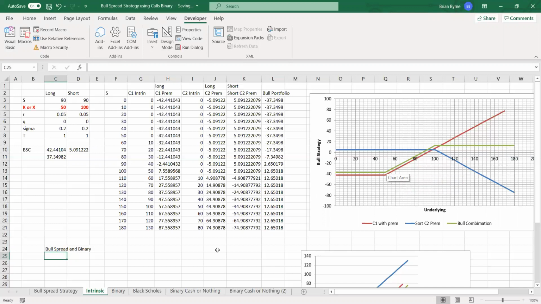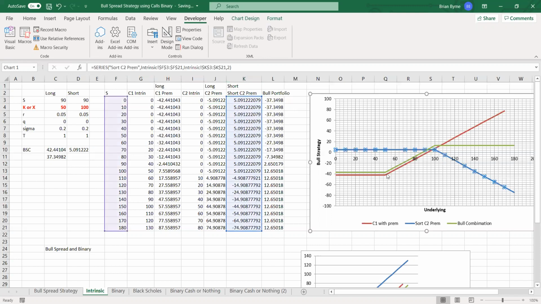So that's a bull spread. Now, we also had set out payoffs in the usual way: the maximum of S minus X for the long call, and then for the short call, the maximum of S minus K, but to reverse the position, to go from long to short, we just make it negative. That's what gives us this blue payoff here.